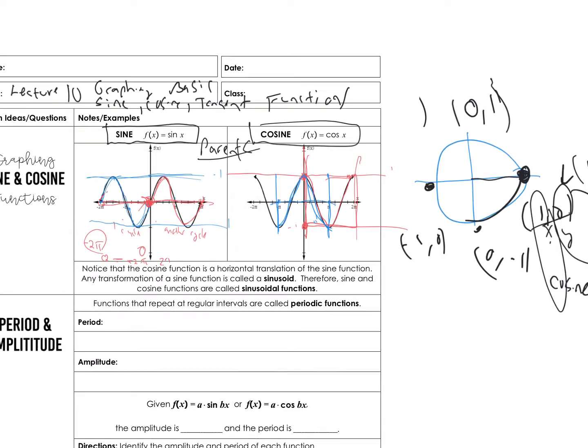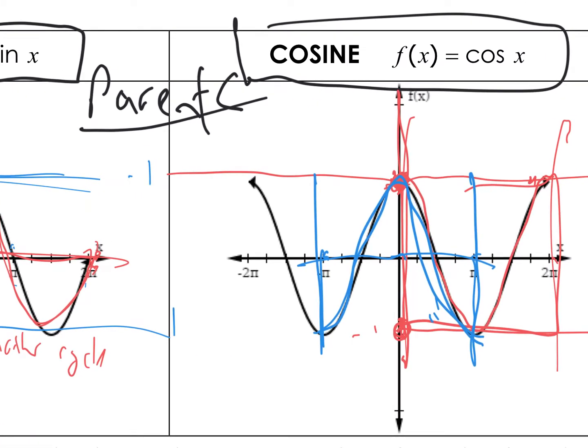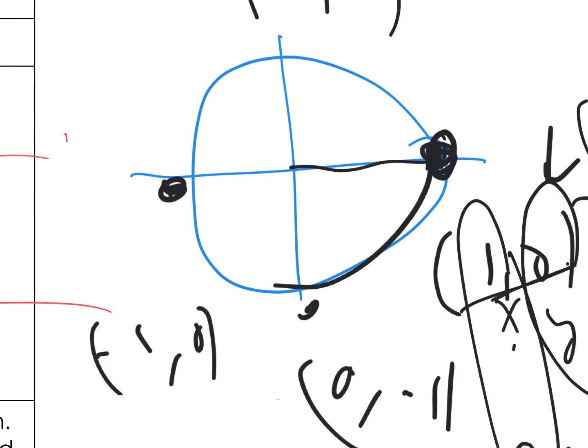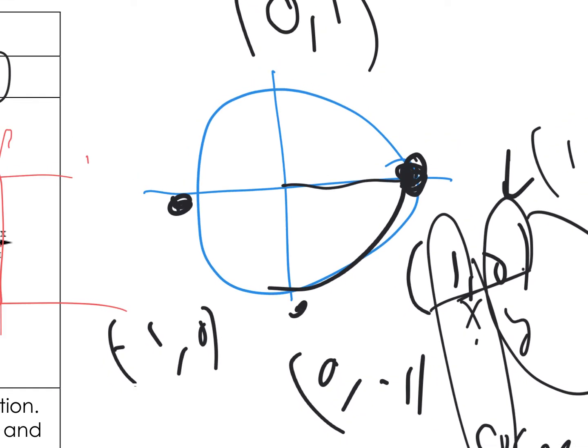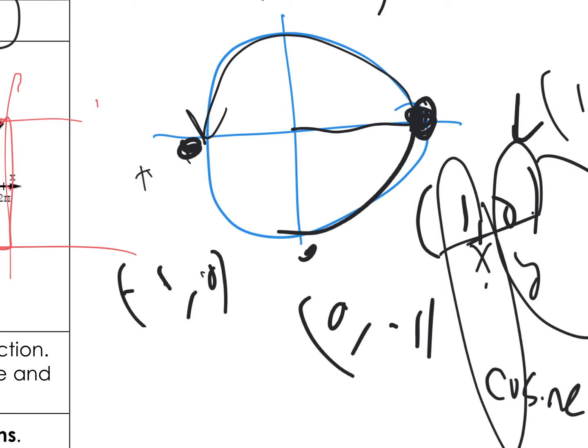Well, look over here at your graph. Where was the graph at 0? 0. Where's the graph at pi? Pi is where on the unit circle? How big is pi? 180. That's over here. There's pi. That ordered pair is negative 1, 0. What's the sine of 180 or pi?